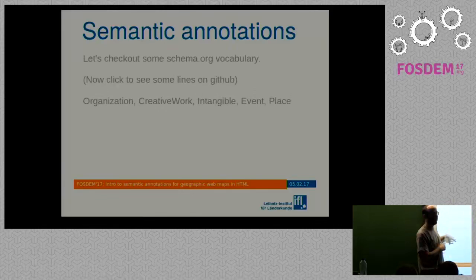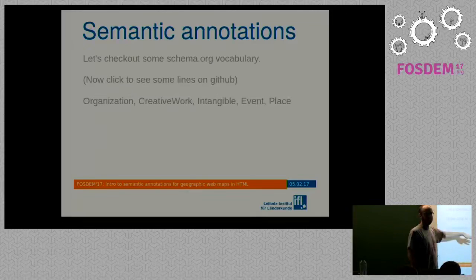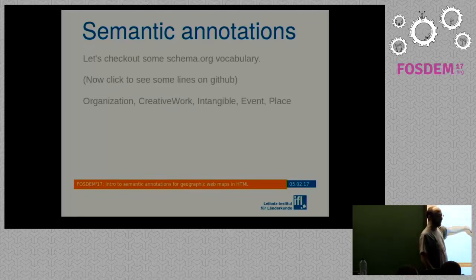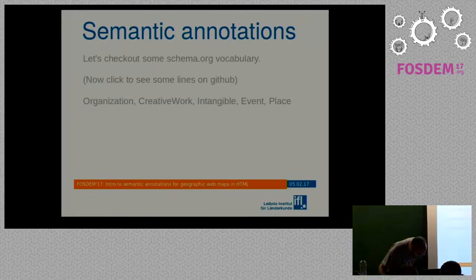For example, organization is basically anything from a university to a business to all kinds of companies, and it's a hierarchical taxonomy about how to describe the world. Creative work includes books, articles, media files. Intangible is something which has no material existence. Event is an event, and there is place. We can look it up.